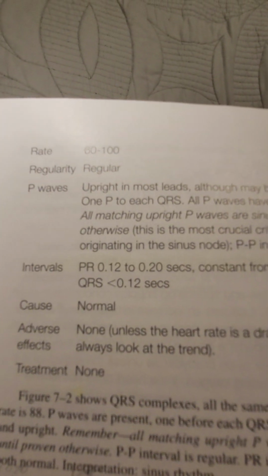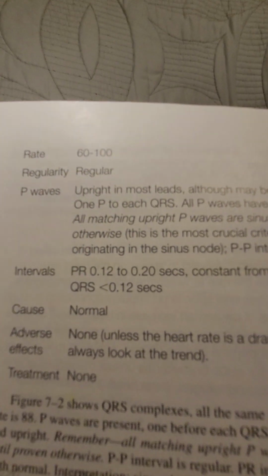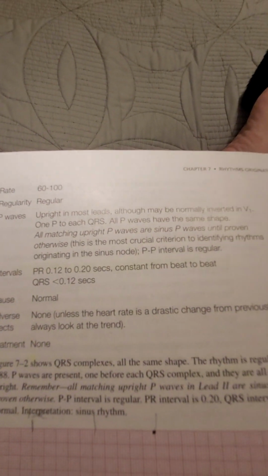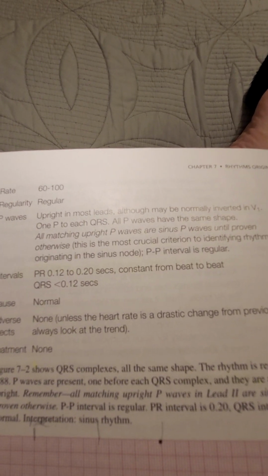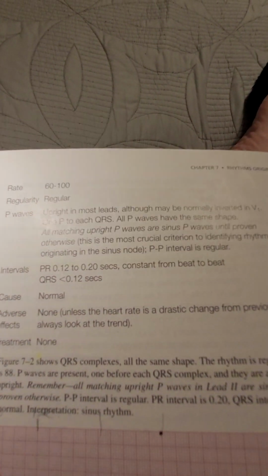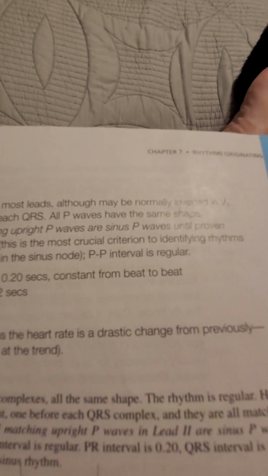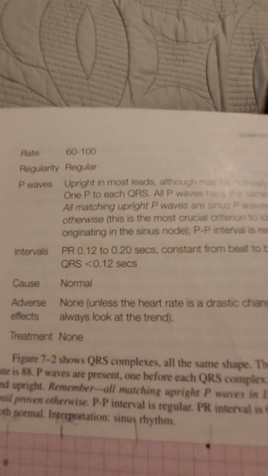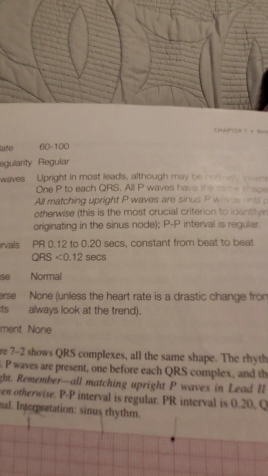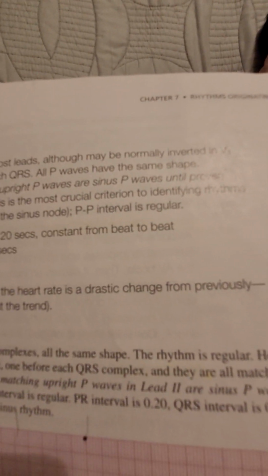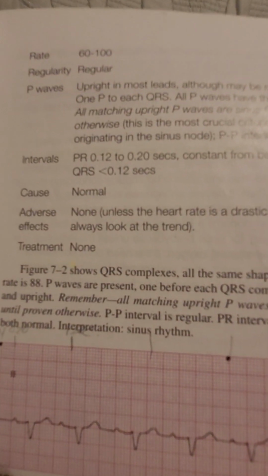It's regular. The P waves are upright in most leads, although they may be normally inverted in another lead. One P to each QRS, and all P waves have the same shape. All matching upright P waves are sinus P waves until proven otherwise.